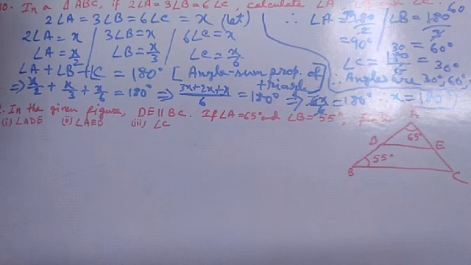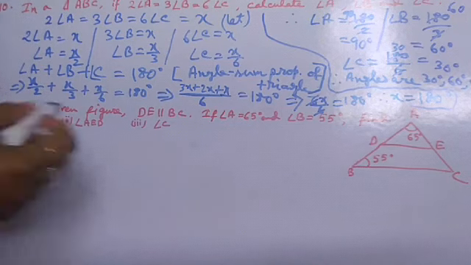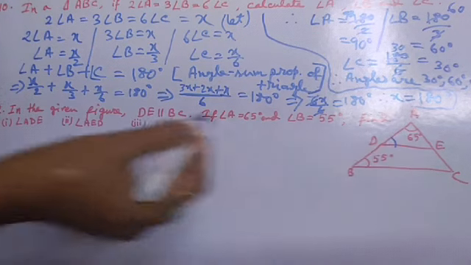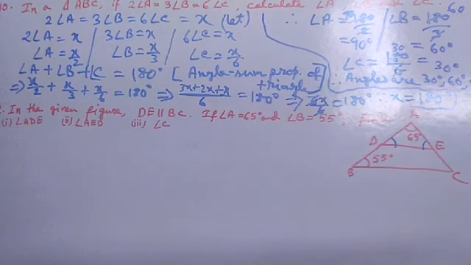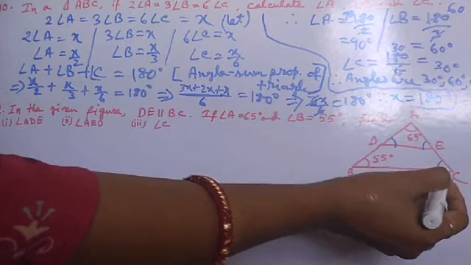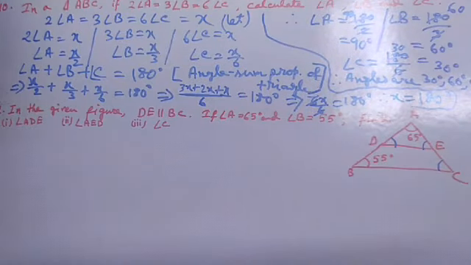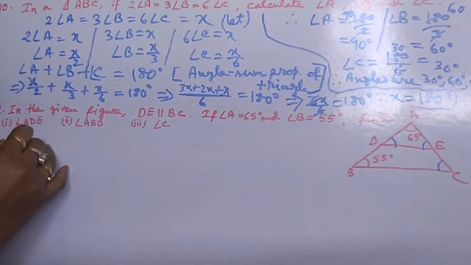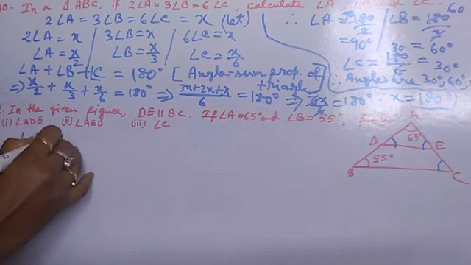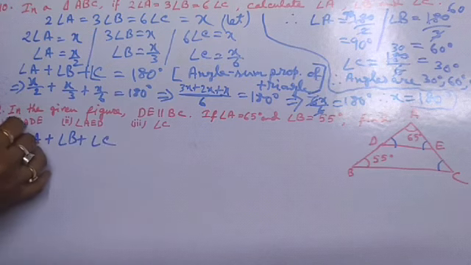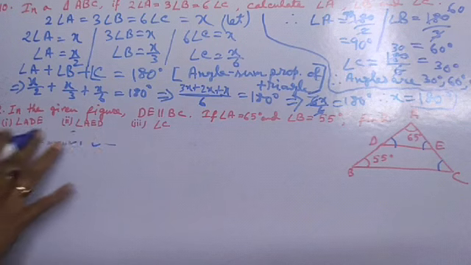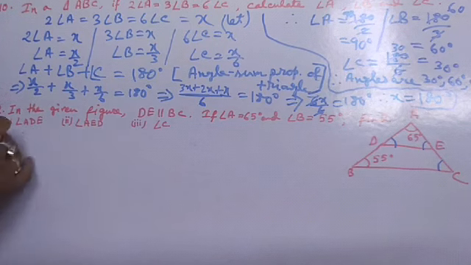If angle A equal to 65 degree and angle B equal to 55 degree, find number 1, angle ADE, number 2, angle AED, and number 3, angle C. So first we will find angle C, that means angle A plus angle B plus angle C. Or I can find angle ADE also. Okay, first I will find angle ADE, number 1.